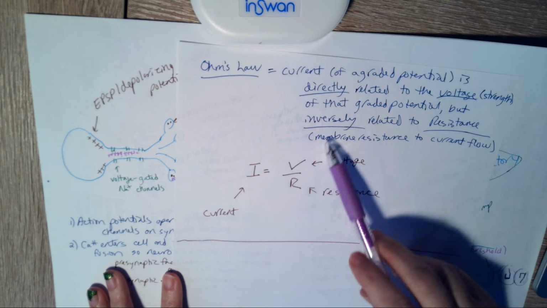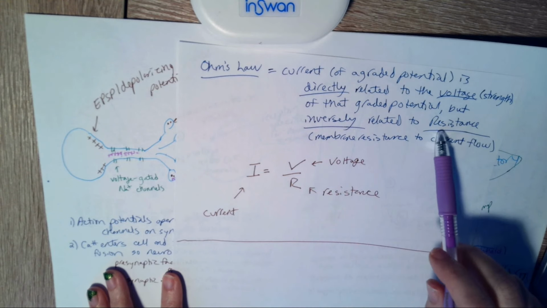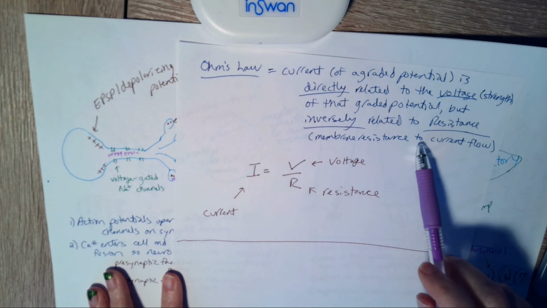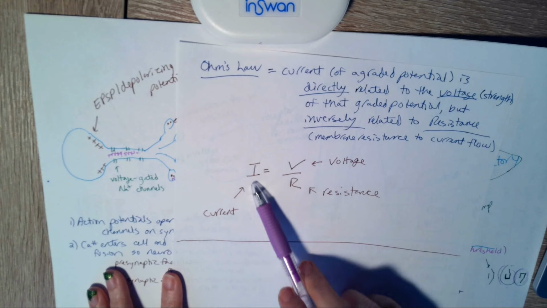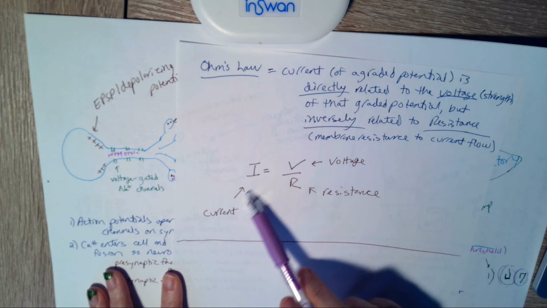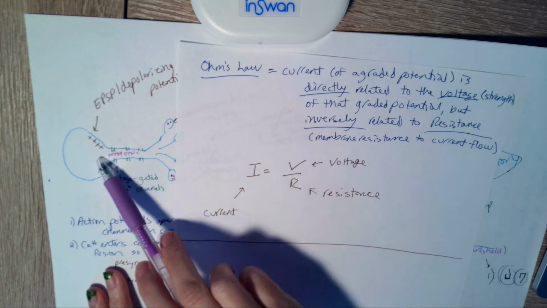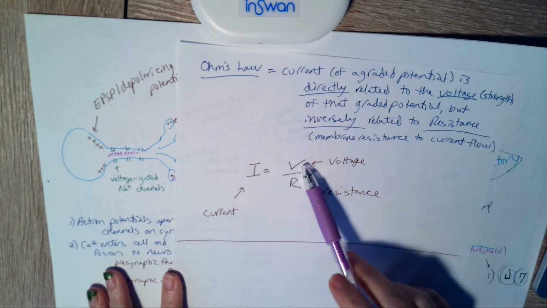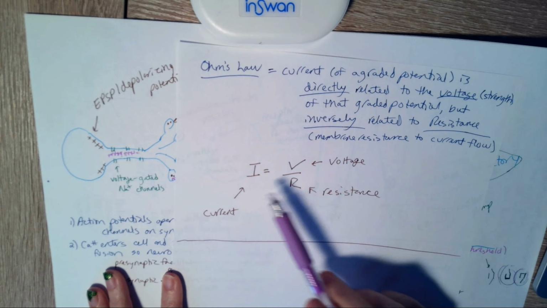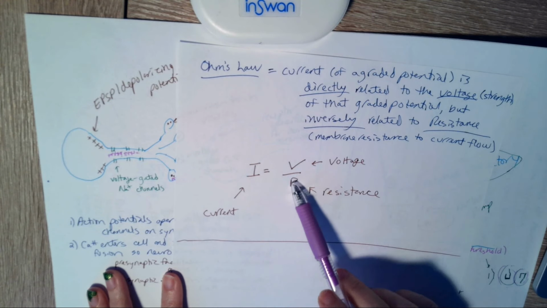And then it's also inversely related to the resistance, so how much the membrane is resisting the flow of that graded potential. So in the equation, I is the current, so how fast does that graded potential flow. V is the voltage, so the strength of it, and R is the resistance. So I is equal to V over R.